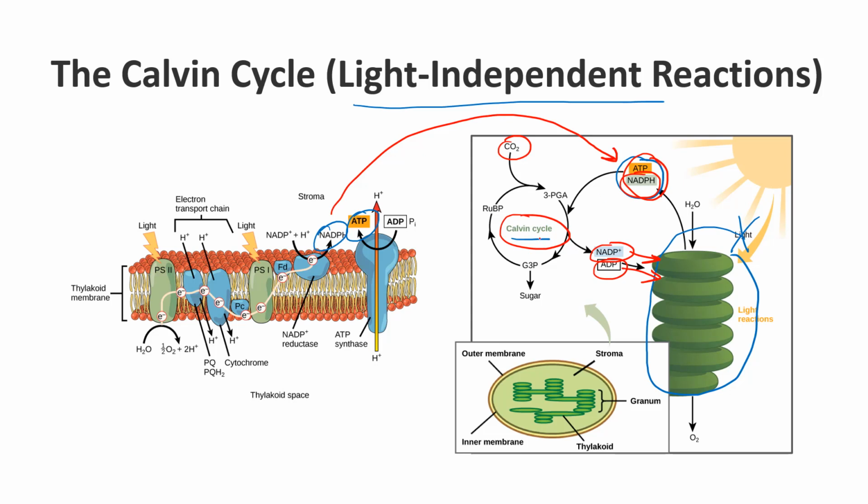And the energy from ATP and the high energy electrons from NADPH are going to ultimately be used to make glucose, right? So that's where the glucose comes from. This is where the oxygen comes from over here.